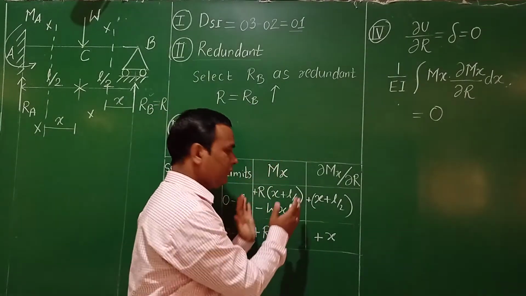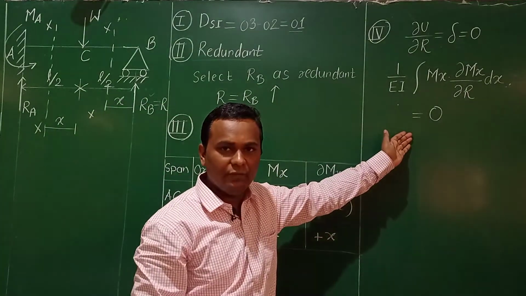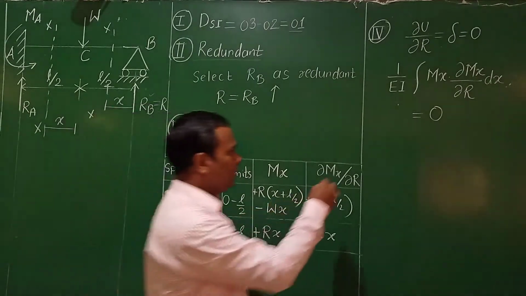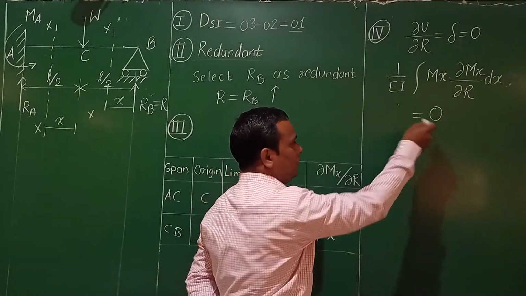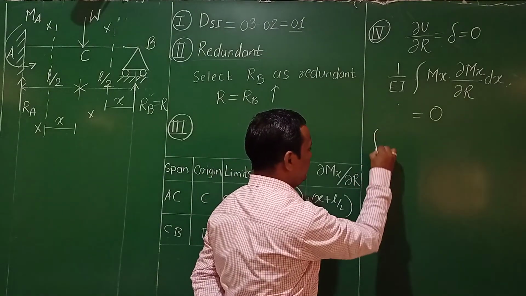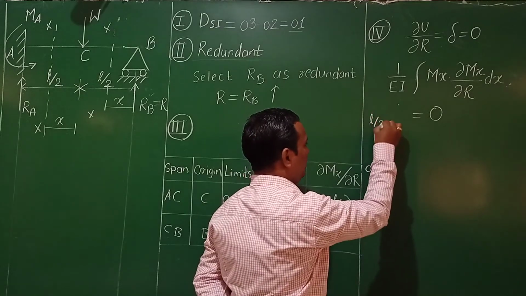Now let us just put the values of Mx and dMx by dR in this particular equation. So for the first span, that is AC, we'll put the equation. EI already we have taken on the right hand side, so there will not be an issue. So integration, the limits are 0 to L by 2.